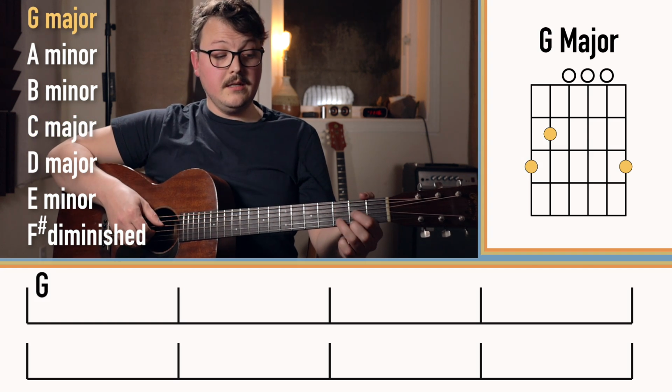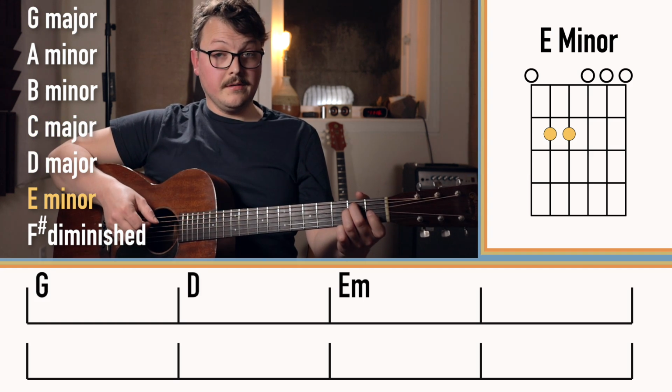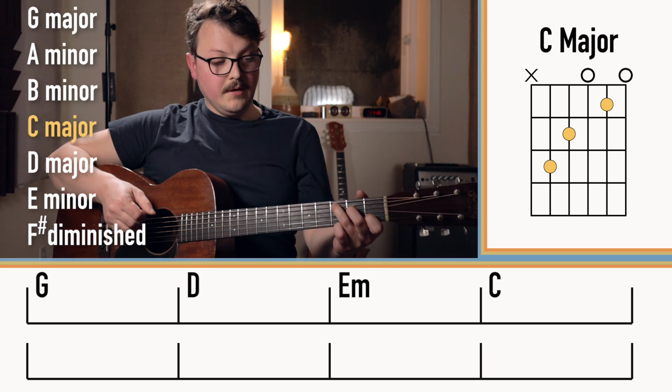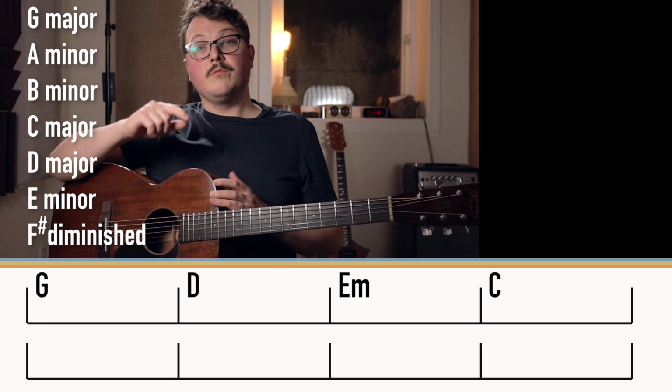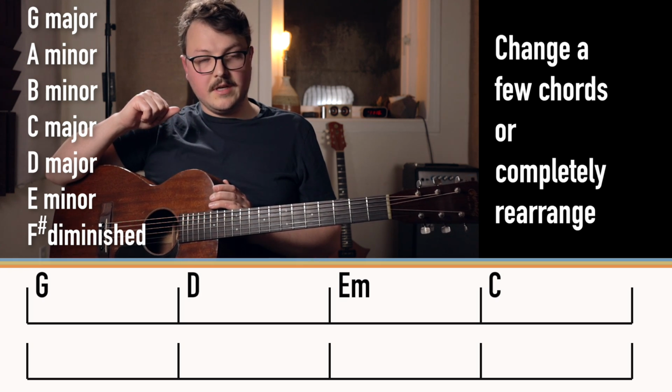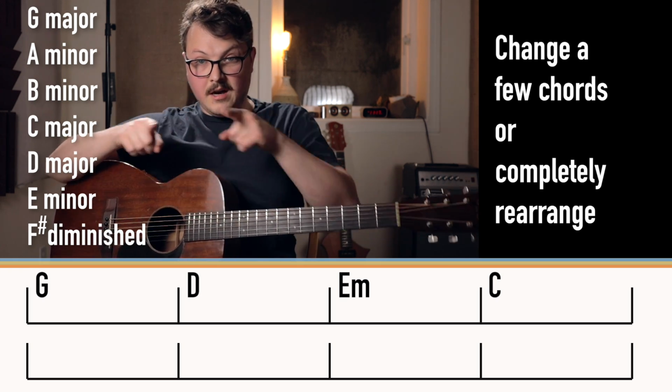So we got G, D, E minor, C. Well, if you want to make your chord progression a little more interesting, you can repeat it with changes the second time around. So I got my grid here.